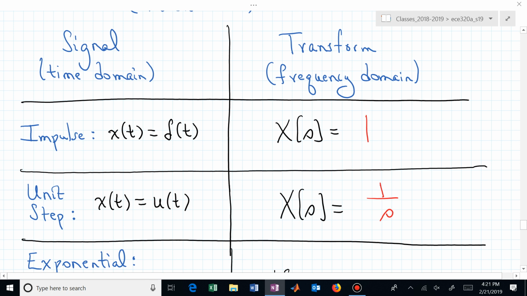Where are the poles in the transform expression for the unit step? How many poles do you have? 1. So it's first order, isn't it? Where is it located? Where is this pole for capital X of s?